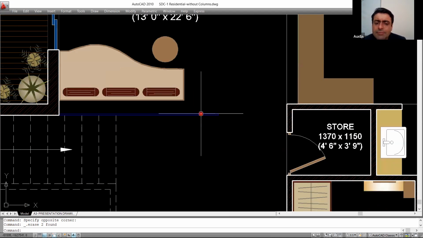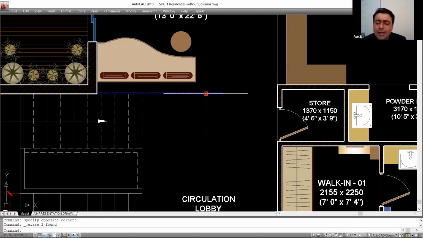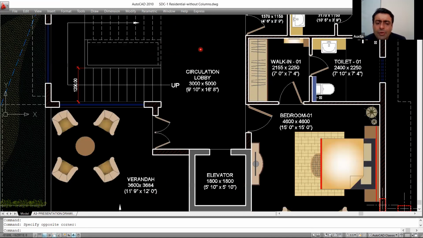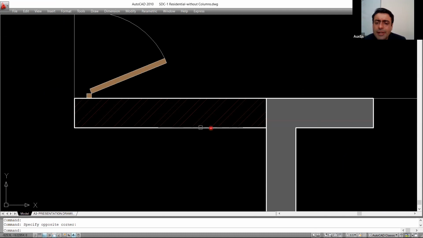Maybe this may be a glass partition. What I understand is that this will be a glass partition, isn't it? An opaque or a semi-transparent type of glass panel you will have in this zone. So this will be a partition. So there is no wall over here.